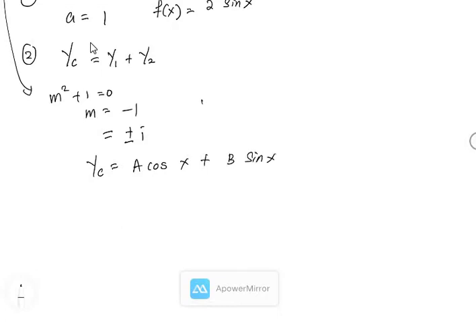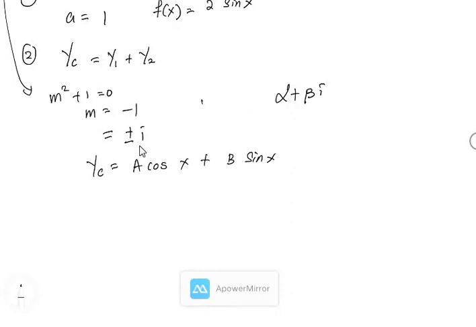So we know that yc is a cos x plus b sin x. Remember, it's complex, so you have e to the alpha x multiplied with a cos beta x plus b sin beta x.